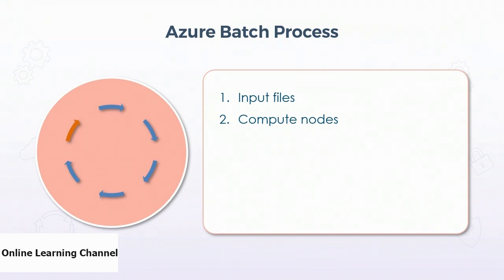You can control the virtual machine pool size for cost, and there's also automatic scaling when your workload grows and shrinks, and this will make CPU usage more efficient. Azure Batch then downloads the data and the applications to the node that's assigned to each task, and it will execute the task on the node using the application provided.